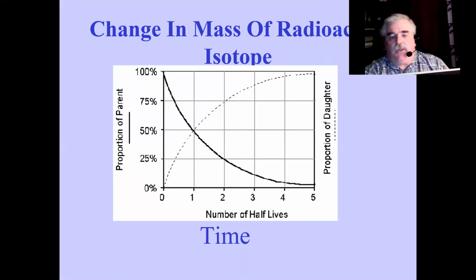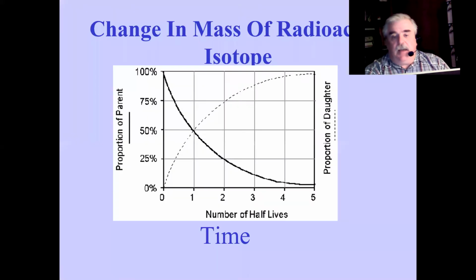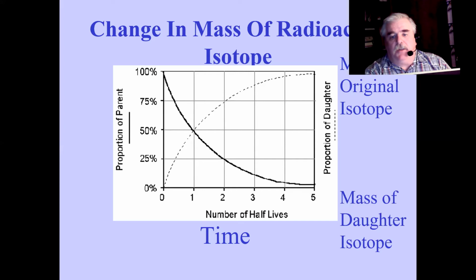But if you graph that chart, you take this chart right here on the right-hand side and you graph that, this is the kind of graph you're going to end up with. If we look at the decay product and we look at the parent isotope, the decay product is also known as the daughter product. So the mass of the original isotope is going to be the dark line because that's what's decreasing.